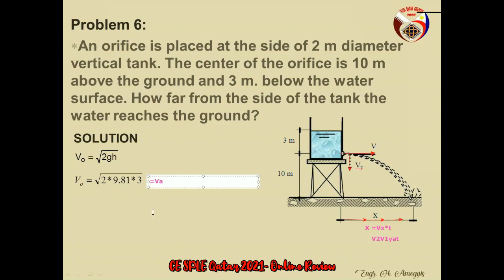Yan yung V actual. VO equals CV times theoretical velocity, that is square root of 2GH.